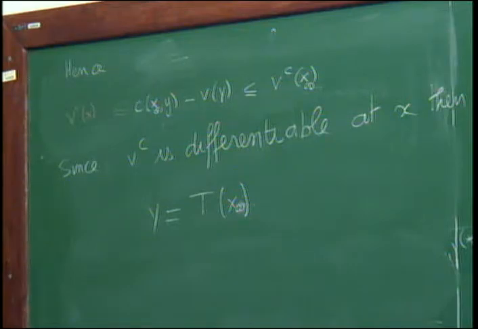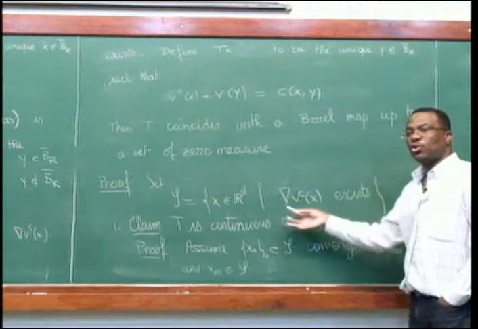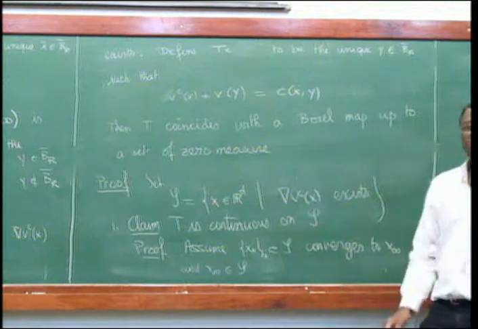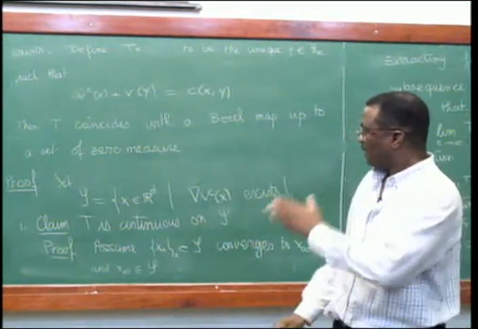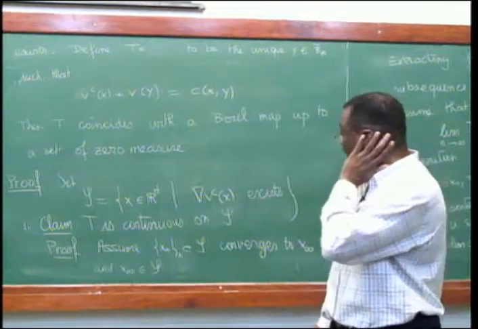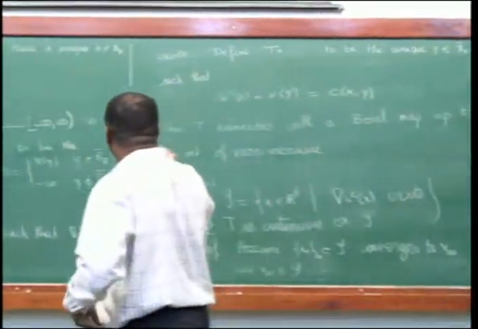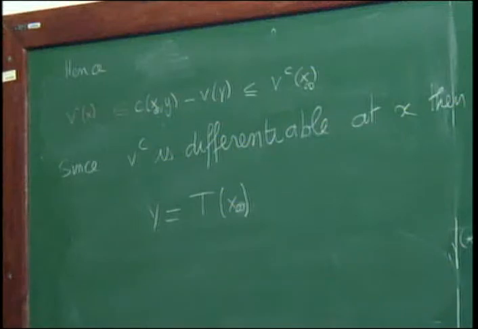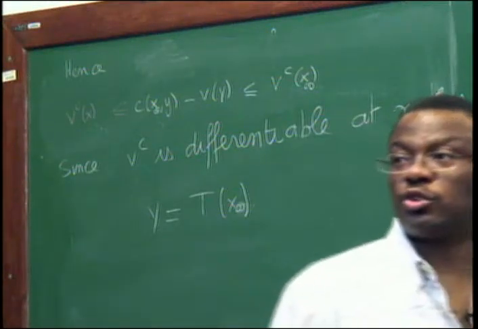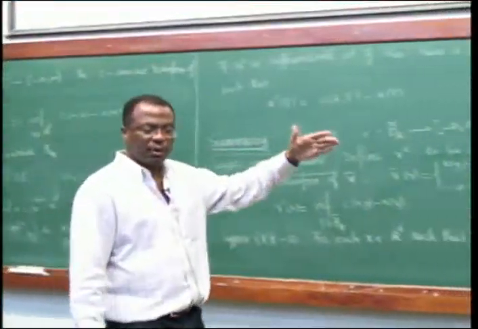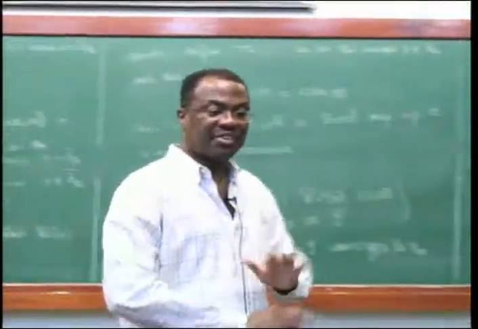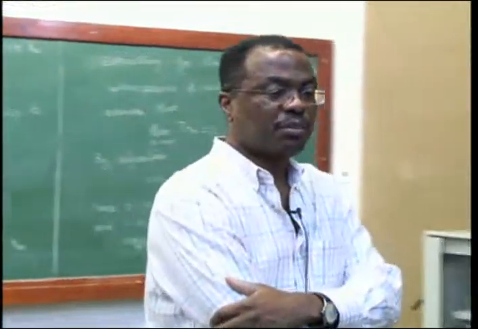So since we have continuity, I just need to know some good property of this set S. If I know some good property of the set S, then I can conclude that I have a Borel function. Okay. So again, if this continuity I was able to prove on the whole R^d, then immediately T is a Borel function.